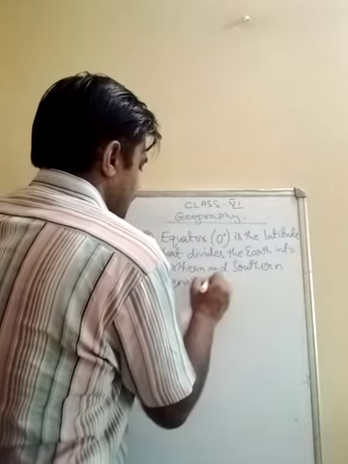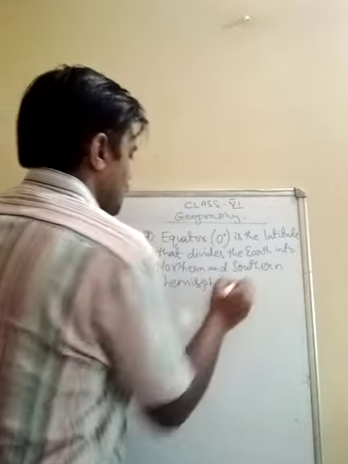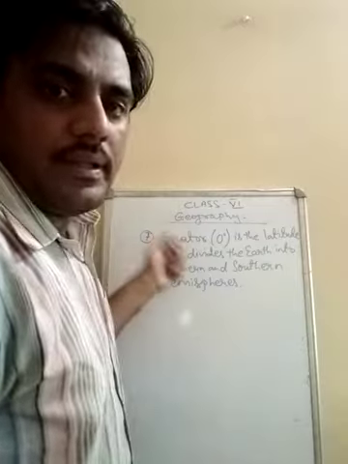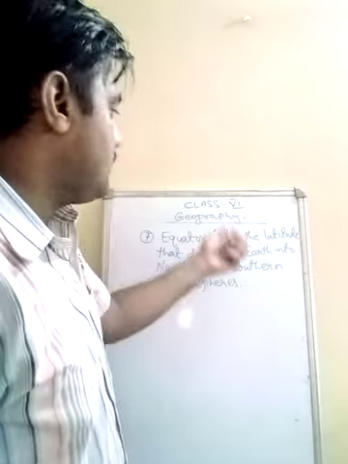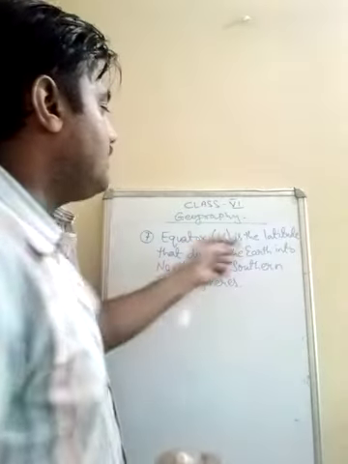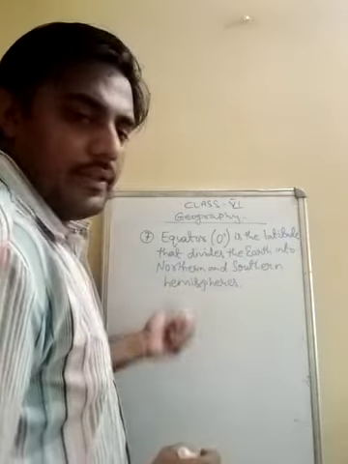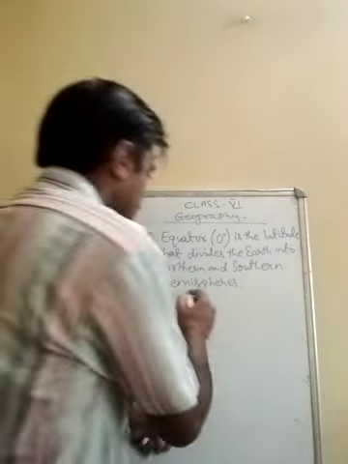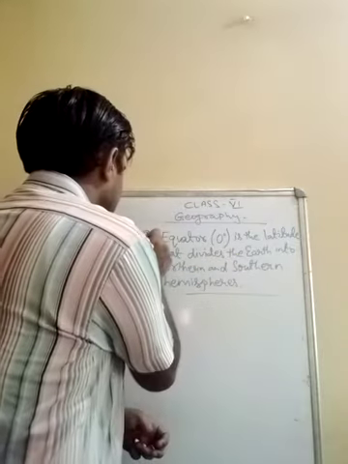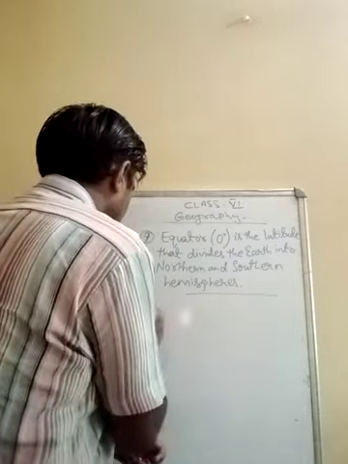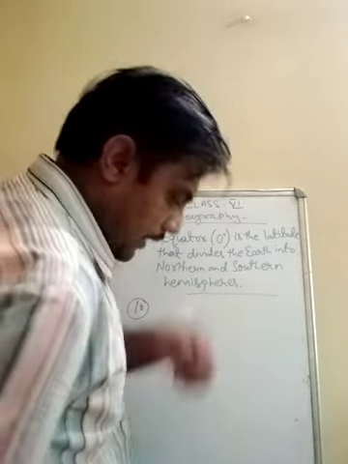Okay, Equator, 0 degree is the latitude that divides the earth into northern and southern hemispheres. This was number 9.